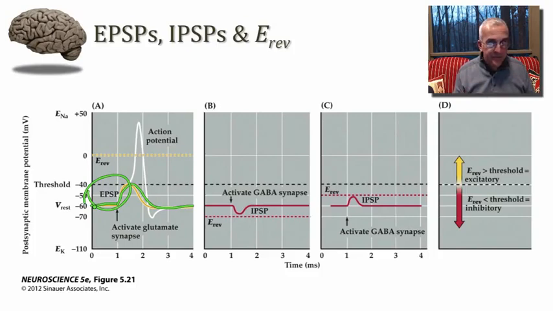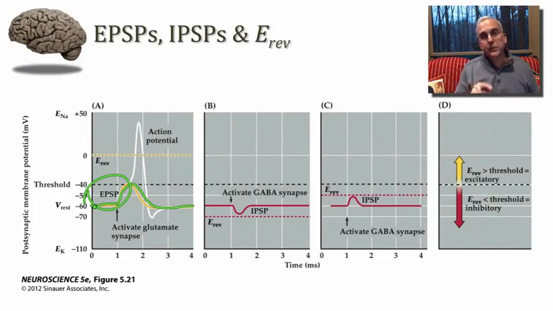Well, here's the definition. The reason why we call it an excitatory postsynaptic potential is that the reversal potential of the active conductance is well above the threshold for firing an action potential.